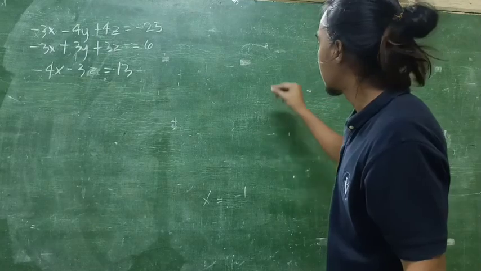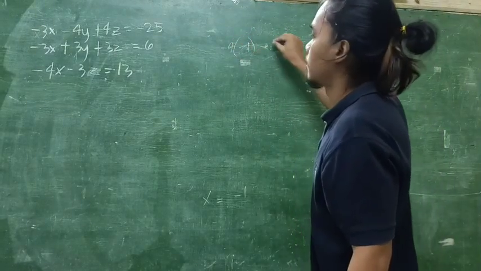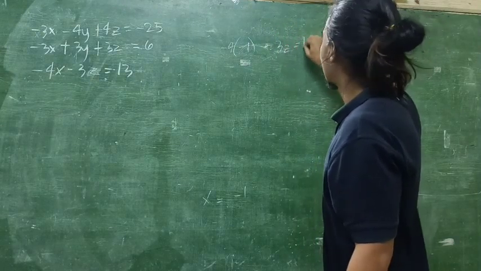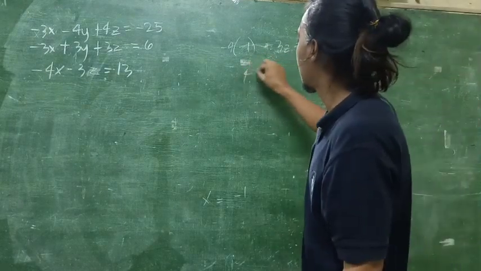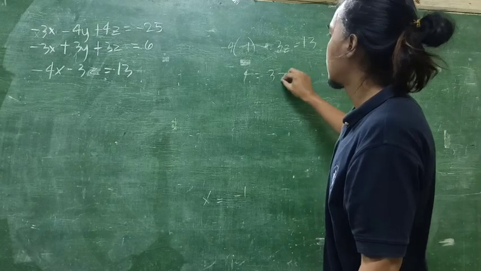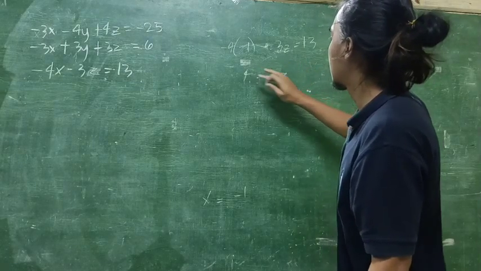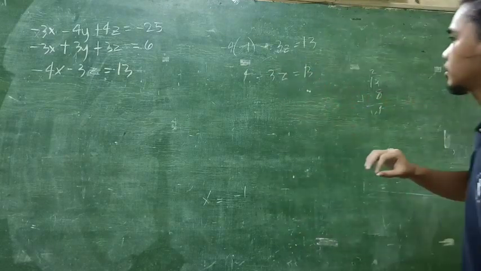So negative 4 times negative 1 minus 3z is equal to 13. Negative 4 times negative 1 is 4, minus 3z equals 13.